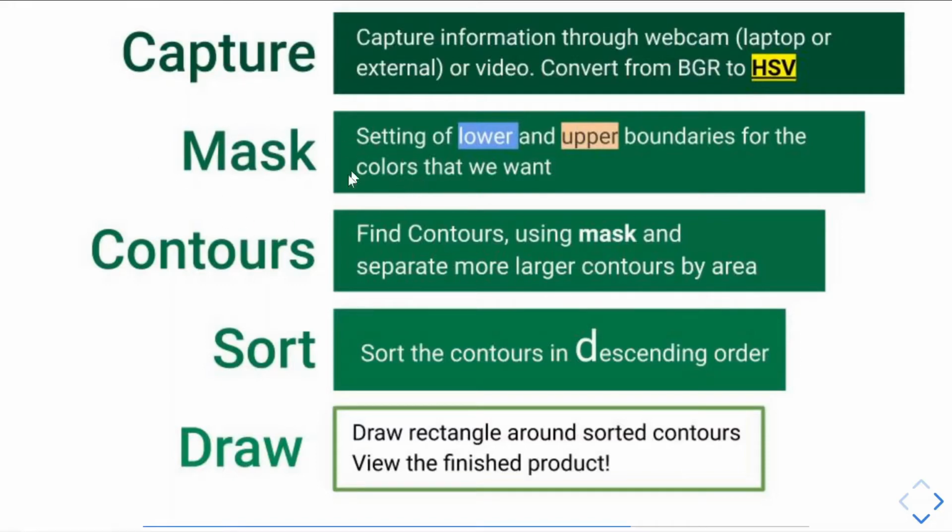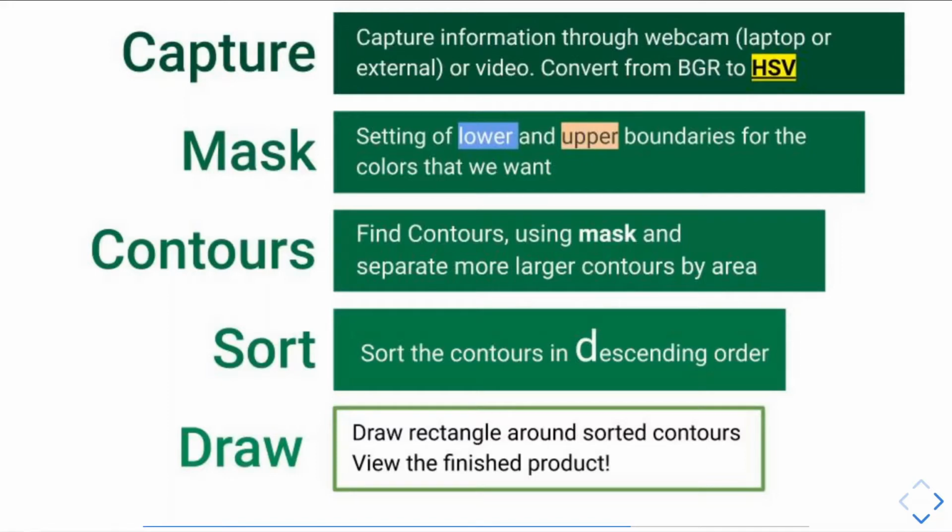Once you have the mask of the specific color that you want, say red, we're going to make use of a CV2 function known as find contours to separate the larger contours by the area. What this will mean is, let's say my house had multiple red objects, and I only really wanted the biggest object in the image, say a hole puncher, or I don't know, a book.